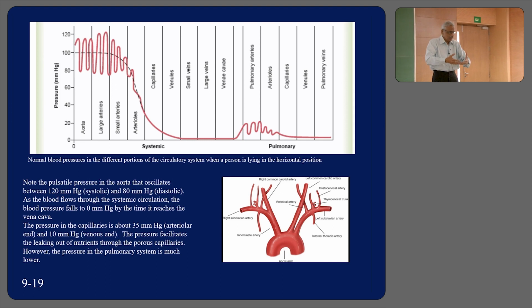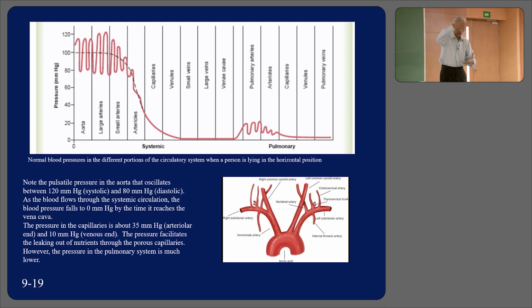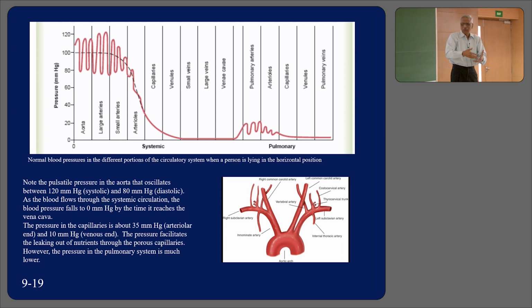It has to be almost 0 because the ventricles have to expand and the blood has to come from the auricles, where the pressure is already very low, maybe 1 or 2 mm Hg.